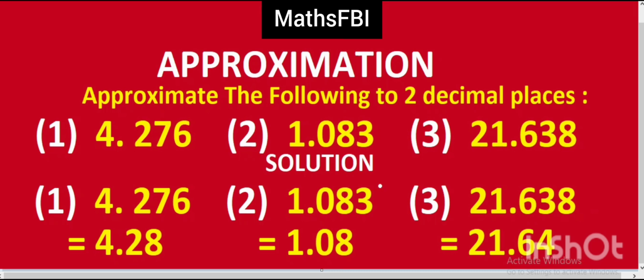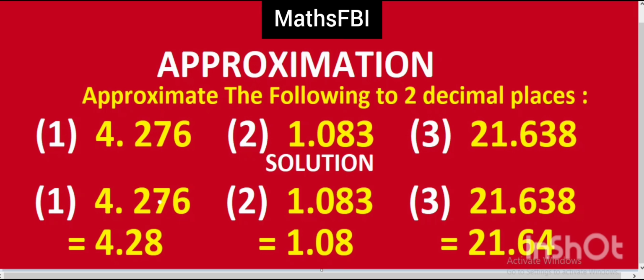Again, in recap, the question is 4.276. This number is in 3 decimal places, and we are requested to round this number to 2 decimal places. If you are rounding it to 2 decimal places, it means you are going to be left with this and this.